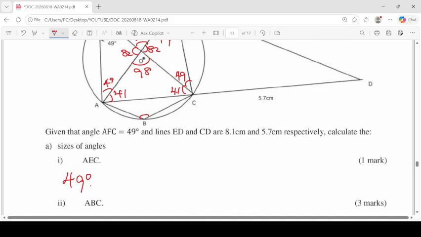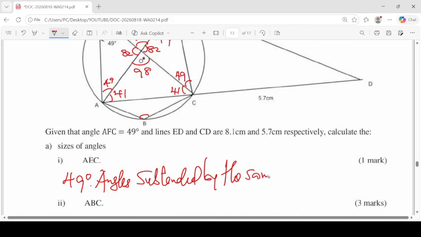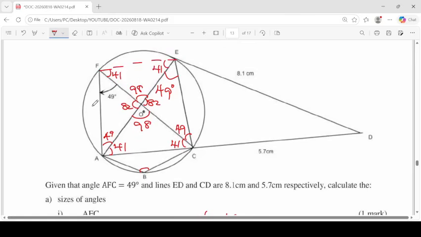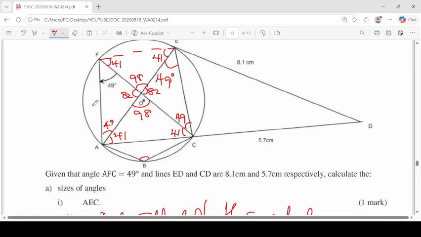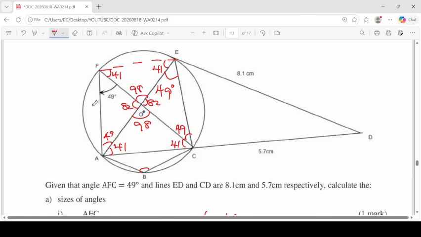The reason we are going to give is that angles subtended by the same chord are always equal. Is it the same case? Yes, because AEC. I hope that one is very, very clear, ladies and gentlemen.